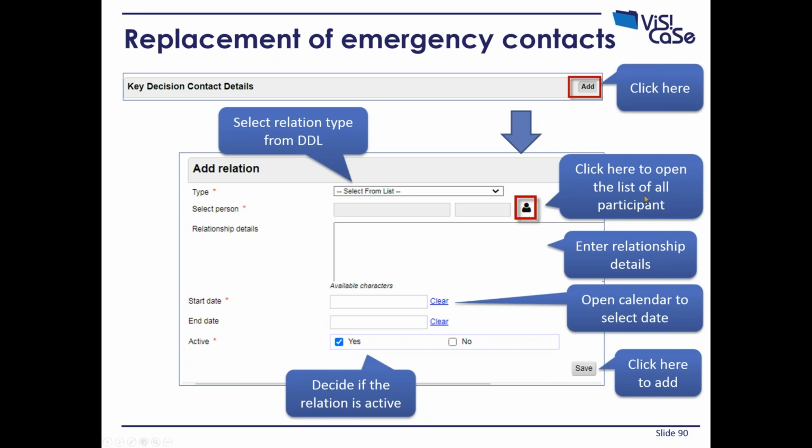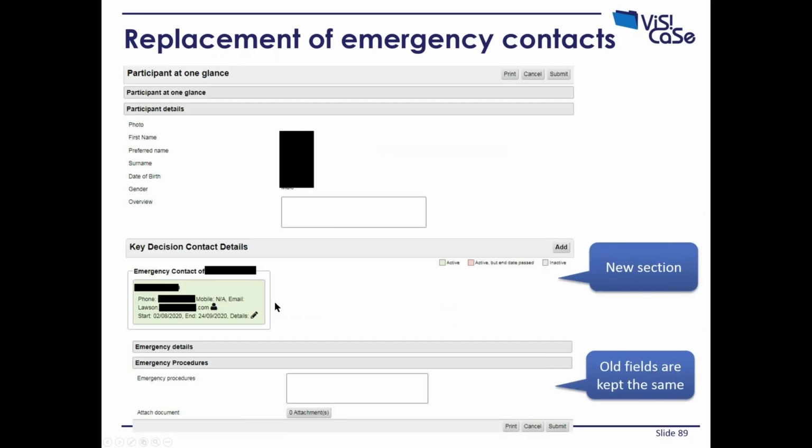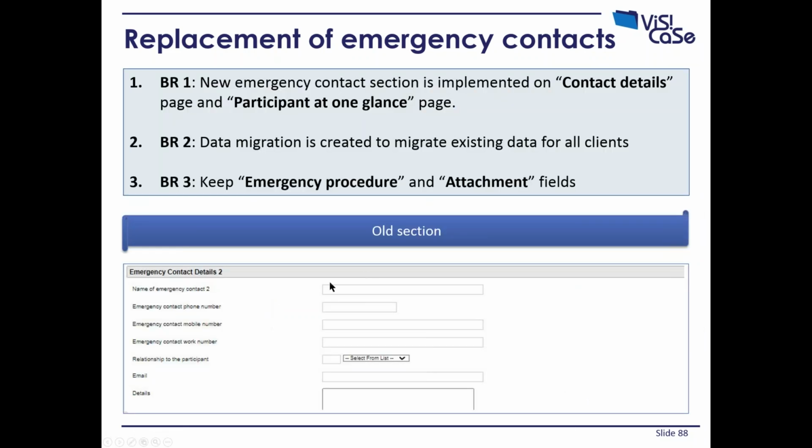Sorry, there is a question. Has the primary contact checkboxes gone? I'm not sure what you mean by this, Wendy. Primary contact checkboxes. So earlier we had the option to just simply add the details like this.